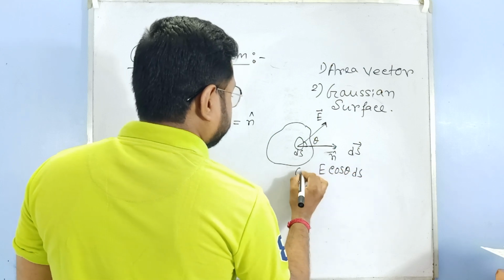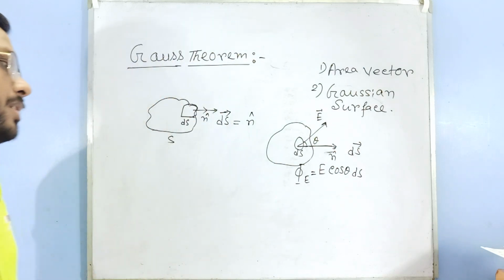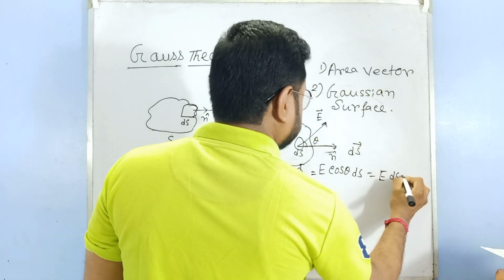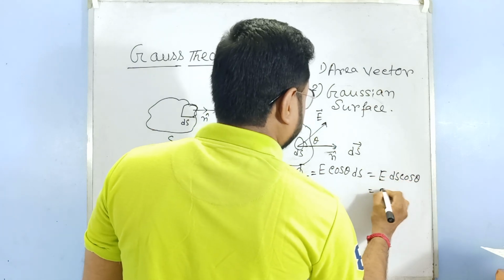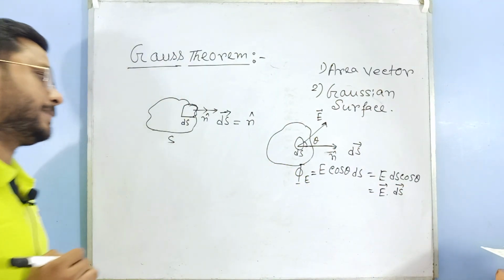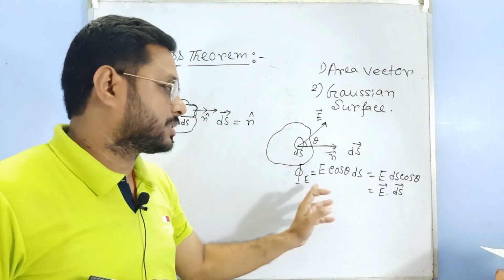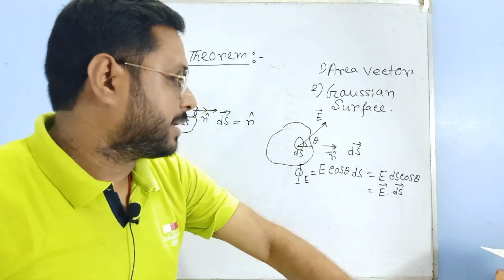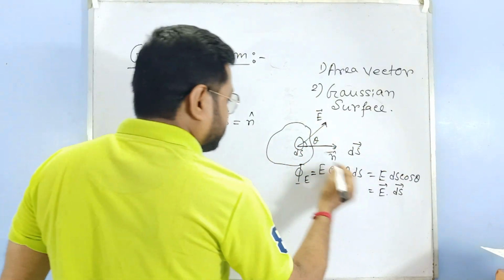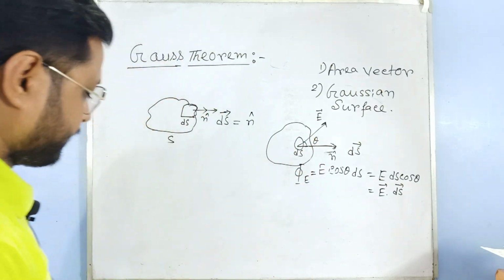Multiplying by dS gives the electric flux. So electric flux phi equals E dS cos theta, or the dot product of the electric field and the area vector dS. Flux is the dot product of the electric field vector and the area vector, which is perpendicular to a small element dS.